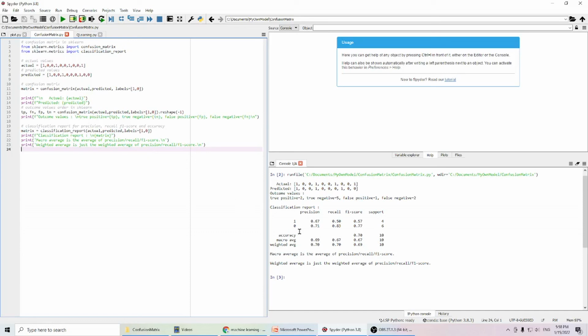But if you have, say, 20 or 30 or maybe 100 possible values, it's better to use those functions, and they will calculate the classification report and the confusion matrix for you.